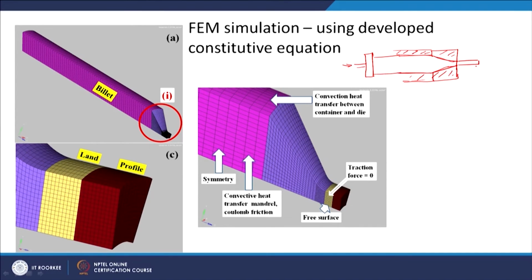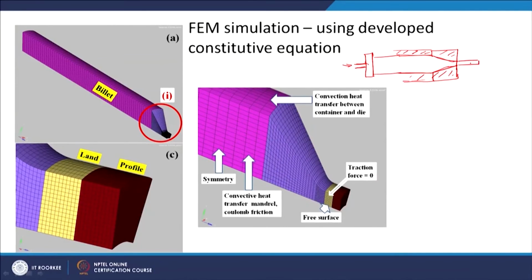So, what ram force will be required for deformation of this? This data was acquired from the actual shop floor, where a big billet is extruded at a higher temperature, and you are deforming it.